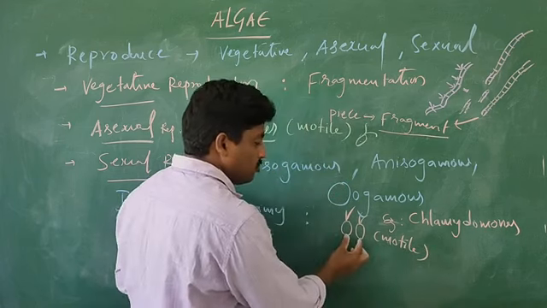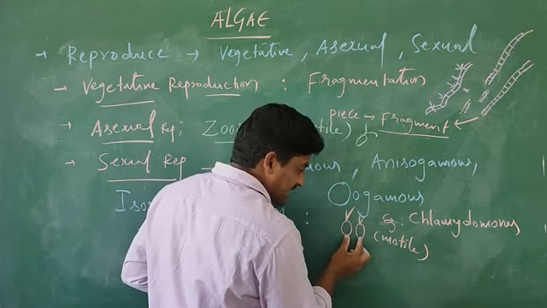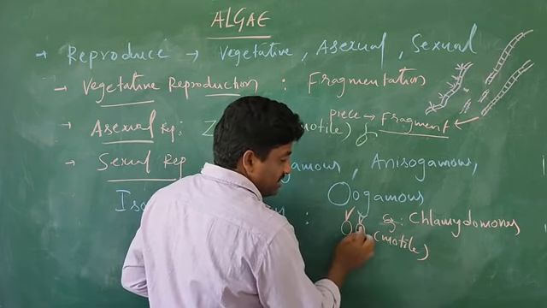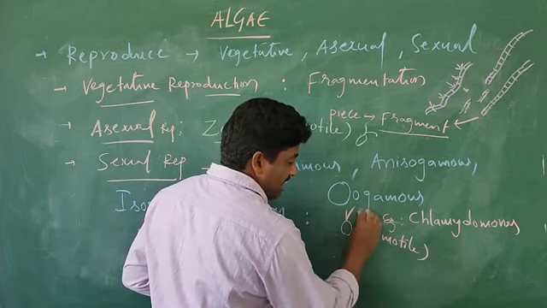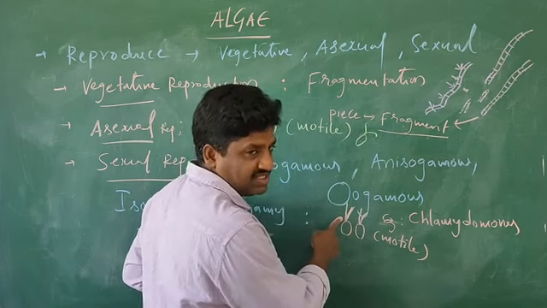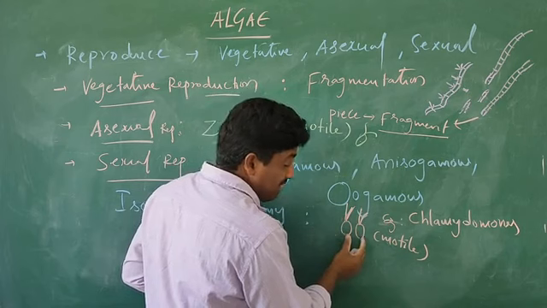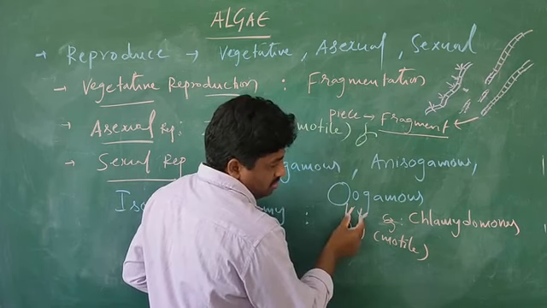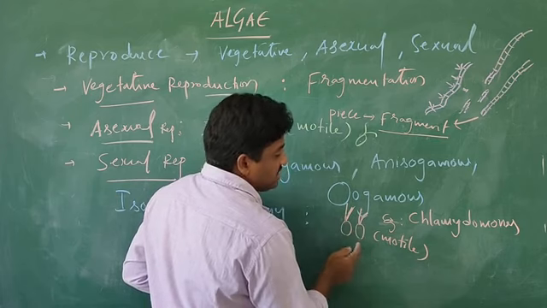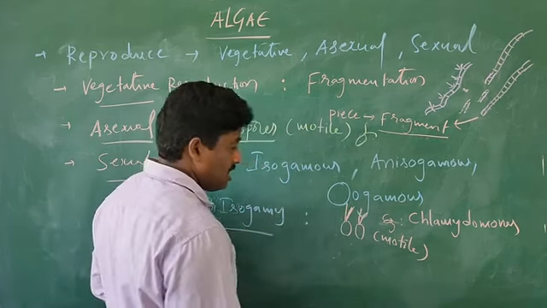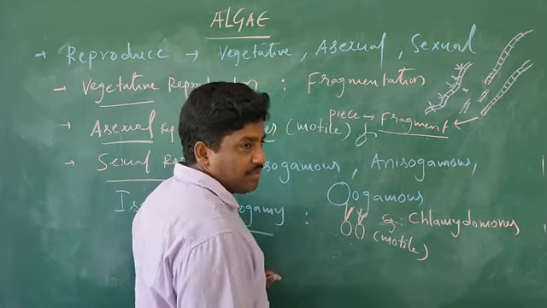So the fusion between two gametes that are similar in size and motile. Motile means flagella are present, and the main function of the flagella is movement. Similar in size but motile, that's why we call it isogamy. Example, Chlamydomonas.